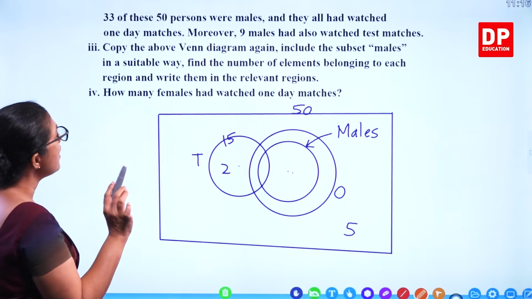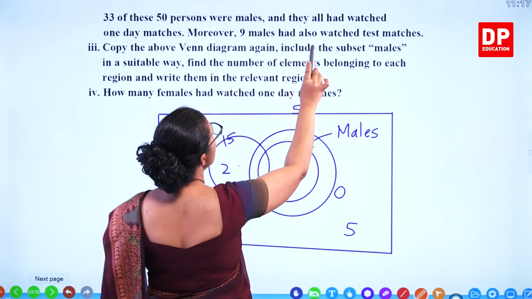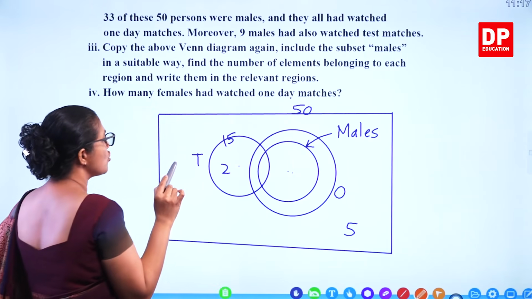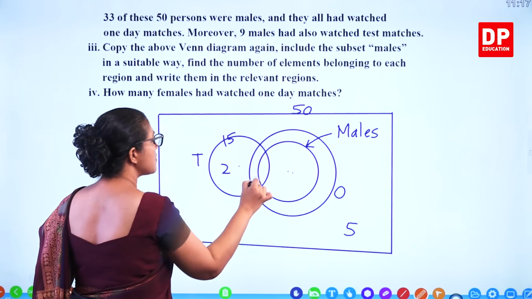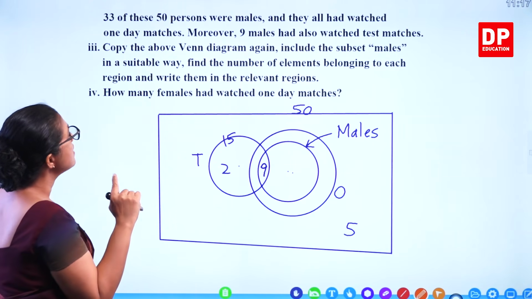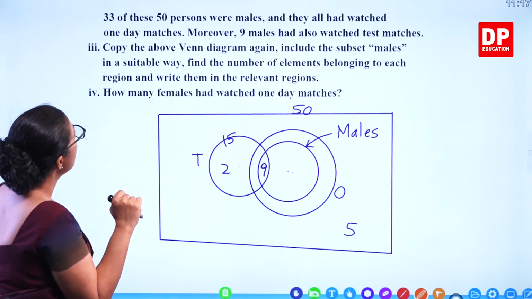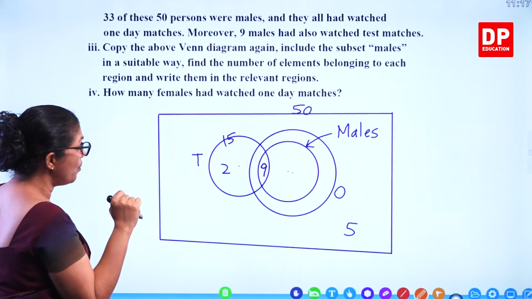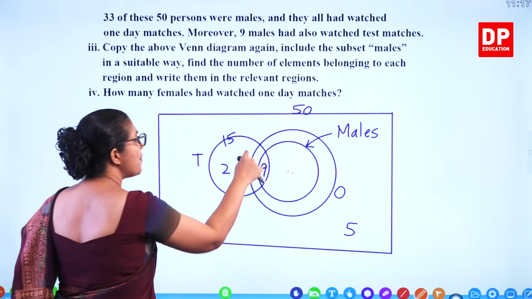Okay, so now read this part. It says 9 males had also watched test matches. This is the male circle. This is the test matches. So 9 males watched test matches, means that is 9. And what are the other things that you know? This is 5. And can you remember previously?